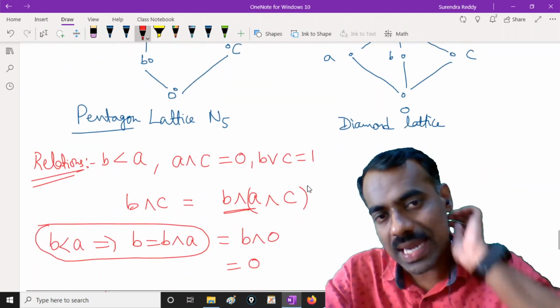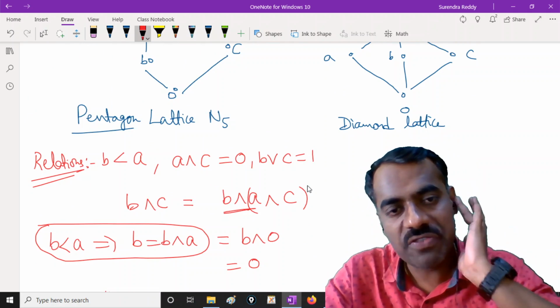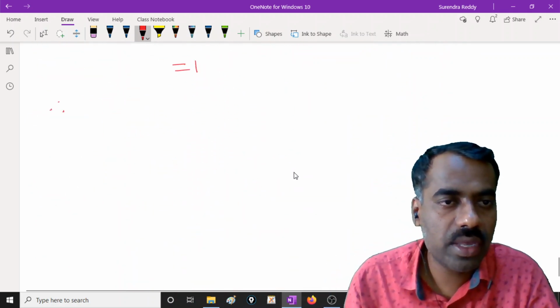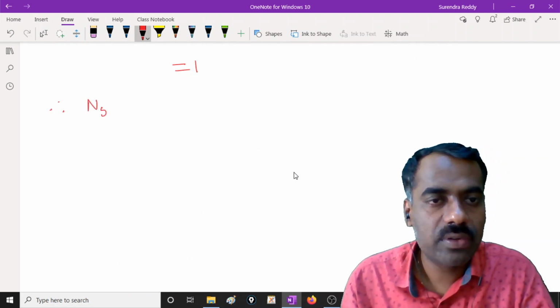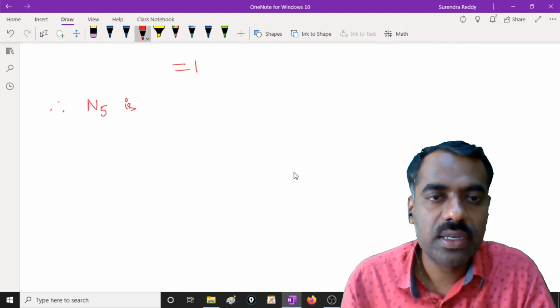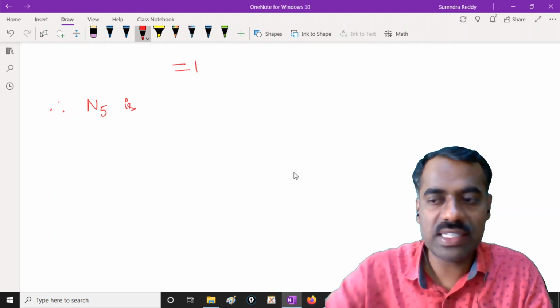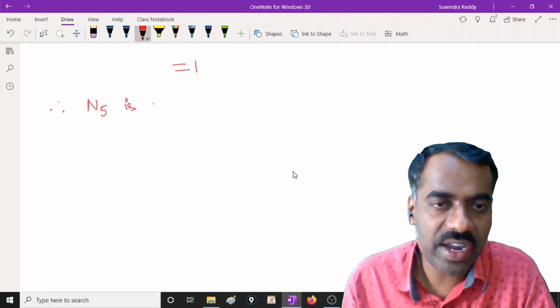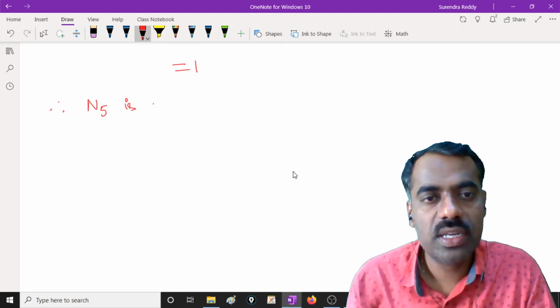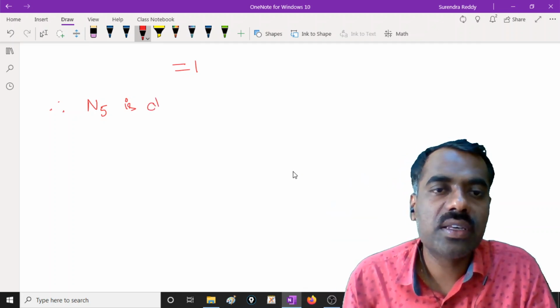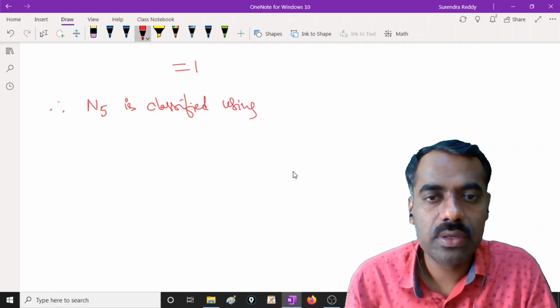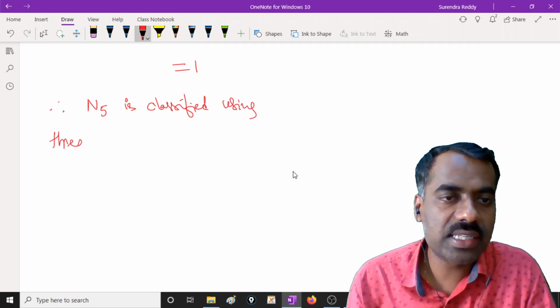So you can say that this pentagon N5 is identified, classified, or understood using these three relations.